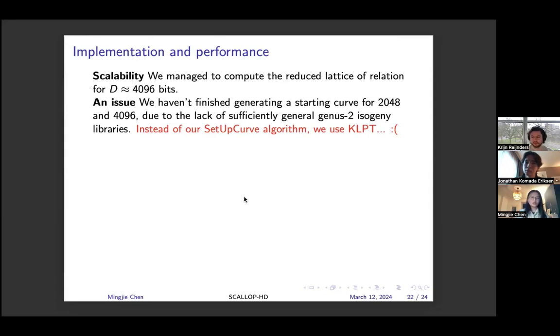Even though we have the reduced lattice, we still don't have the starting curve. However, we believe this shouldn't be an issue with the development maybe of more general genus 2 isogeny libraries in the future. This should become more efficient.